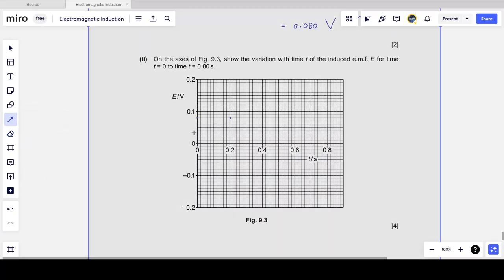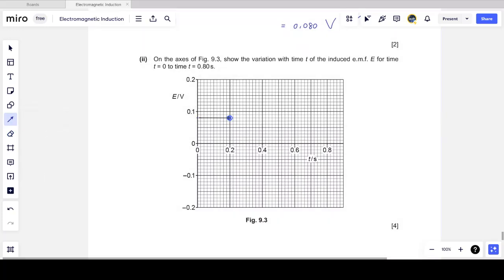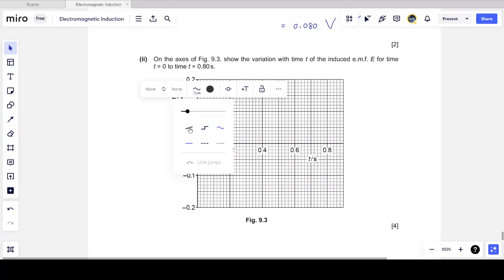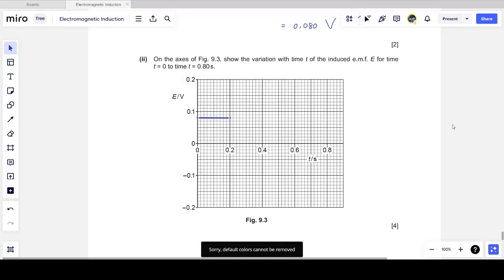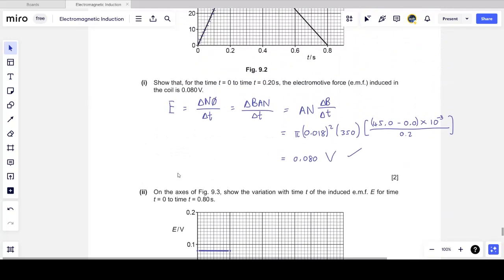Obviously not making it too thick, I'm just making it thick so that you can actually see the 2 points. So it's a straight horizontal line for the first 0.2 seconds. Gradient is constant, and so the EMF remains constant.